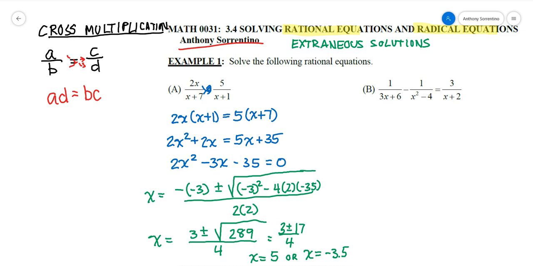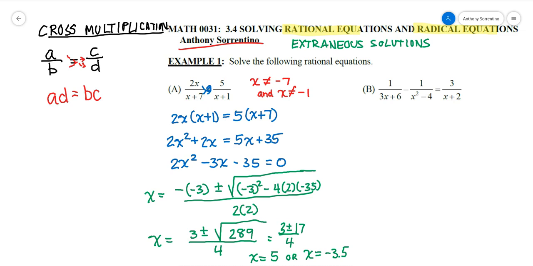For these to exist, in the original functions, x could not equal negative 7, and x could not equal negative 1. Those would be solutions that I cannot have, because if x were to equal negative 7, the left-hand side of this equation would not have existed. If x were to equal negative 1, the right-hand side of that equation would not have existed.